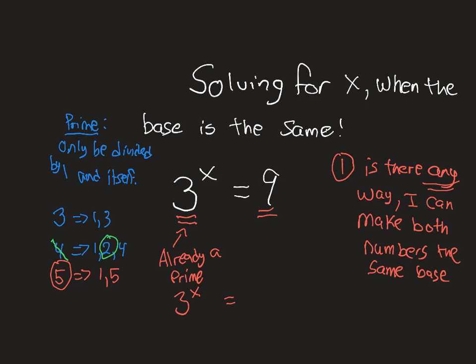Well, the number 9 is definitely not a prime number. I can definitely make it smaller. I could definitely turn it into its prime number by remembering that 9 is the same thing as saying 3 times 3, which, if I recall correctly, should mean that this is 3 to the power of 2.